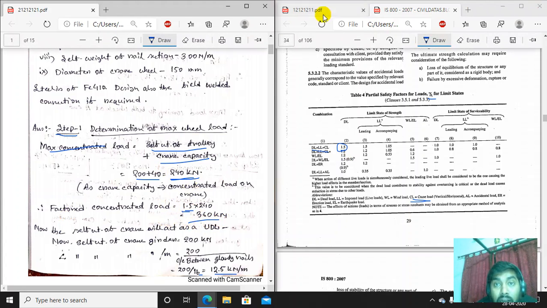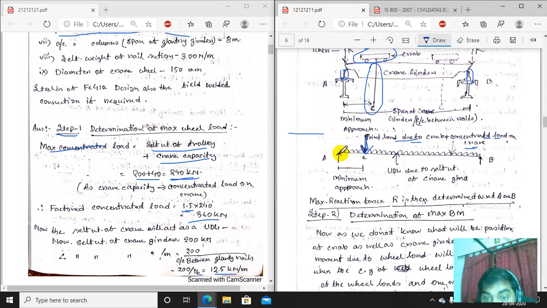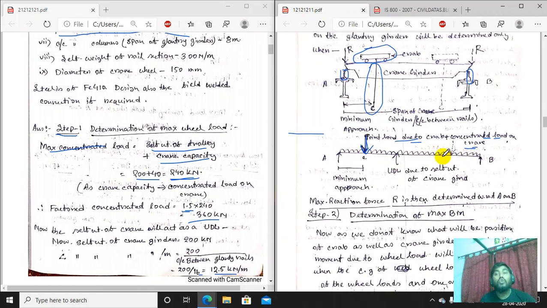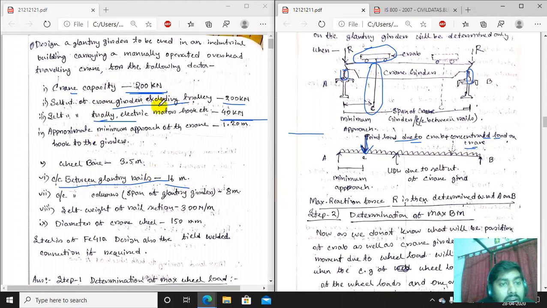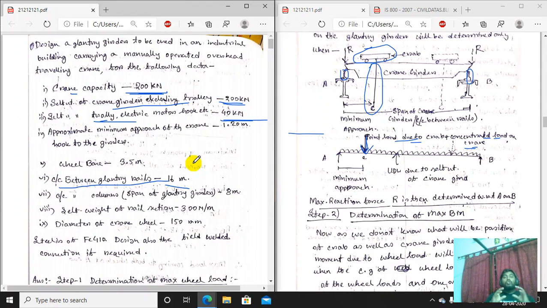Now if we come again to this picture, there is a UDL, a uniformly distributed load. That uniformly distributed load is due to the self weight of the crane girder. But in our problem, the self weight of the crane girder is given as 200 kilonewton, which is a concentrated load. So we have to distribute it uniformly over the total span of the crane girder. Let us first find out the span of the crane girder.